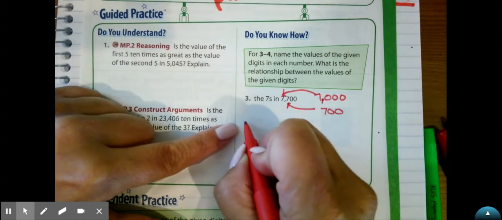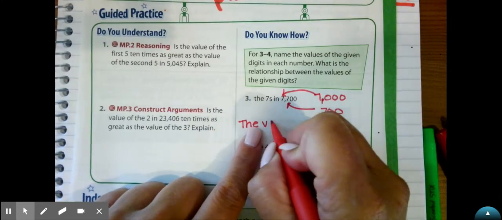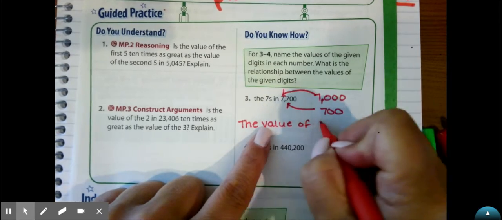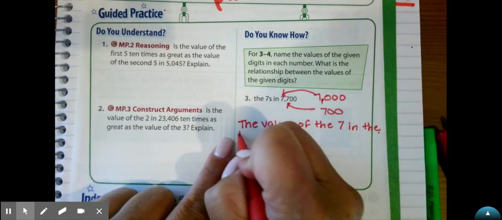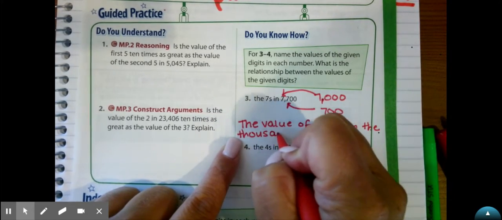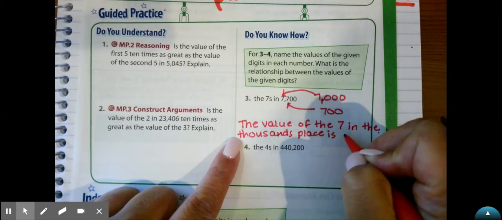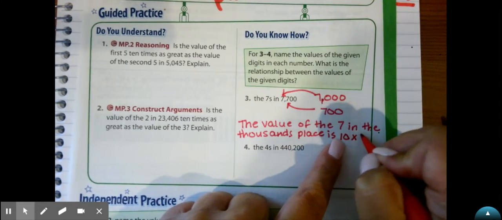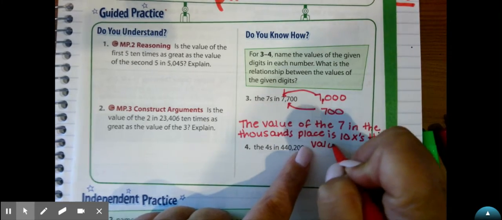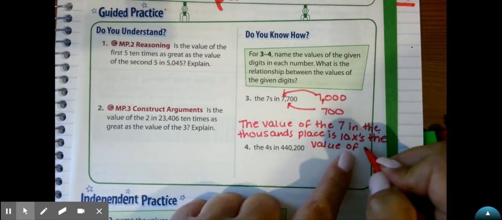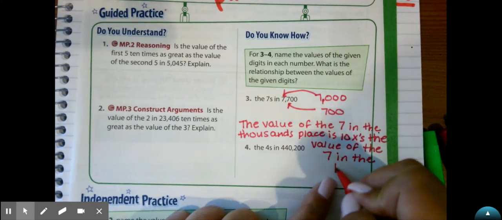I can say that the value of the 7 in the thousands place is, I'm going to shorten here, 10 times the value of the 7 in the hundreds place.